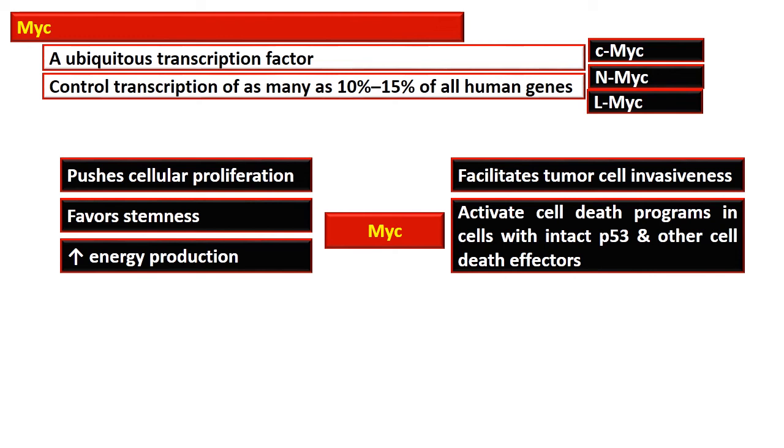They push cellular proliferation. Also, they favor stemness and they increase energy production. They also facilitate tumor cell invasiveness and activate the cell death program in cells that have intact p53 and other cell death effector mechanisms.